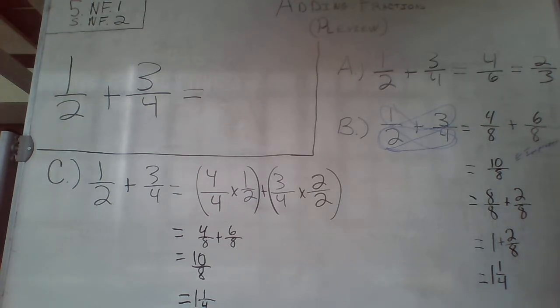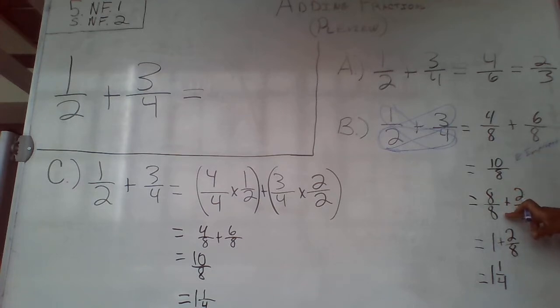And so we don't really like improper fractions. So what we want to do is we'll convert an improper fraction into what type of fraction? That's right, a mixed number. And the way that we can do that is we can decompose it of the 1 that's inside of the improper fraction, or the whole number that's inside of the fraction. So here, because we have 10/8, we know that 8/8 is inside of 10/8.